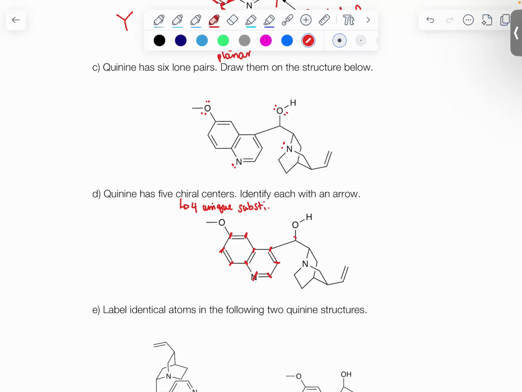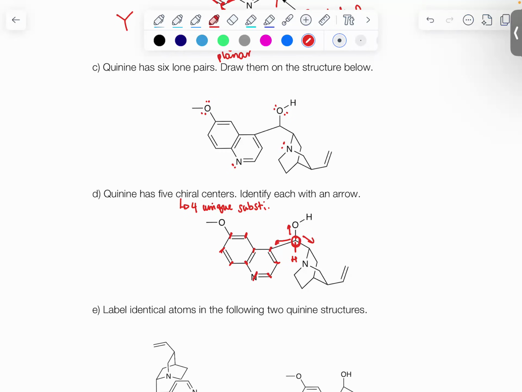So we get here, and we have an OH, we have this fused ring system, we have the nitrogen ring system, and then we also have that proton. So that is 4 unique substituents. This is a chiral center.